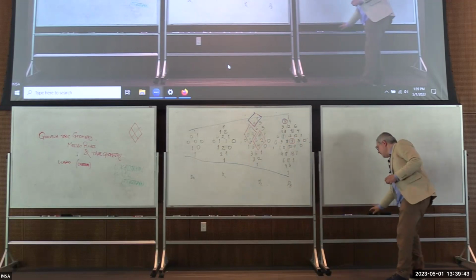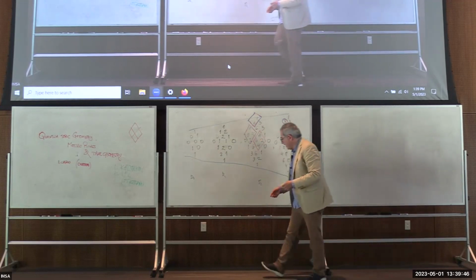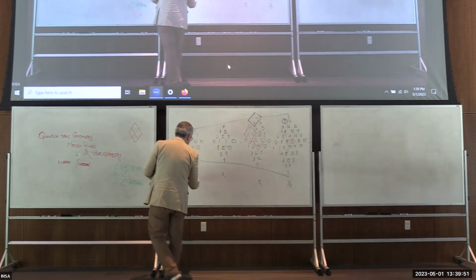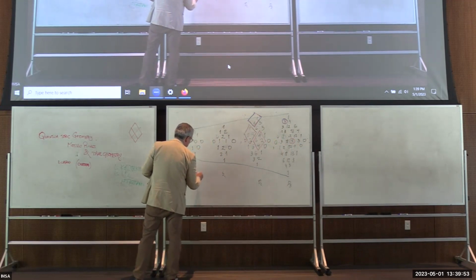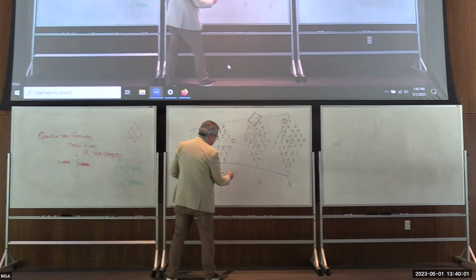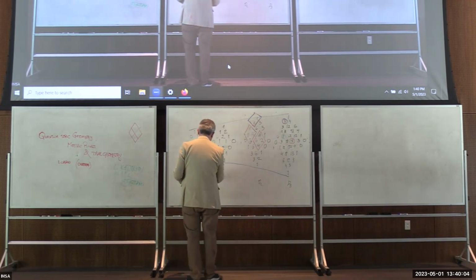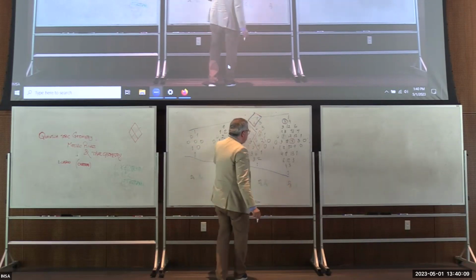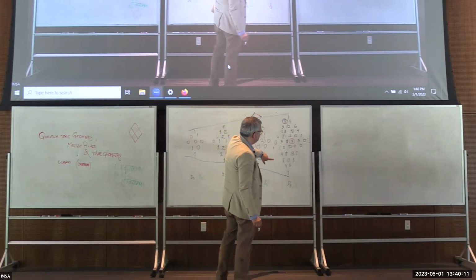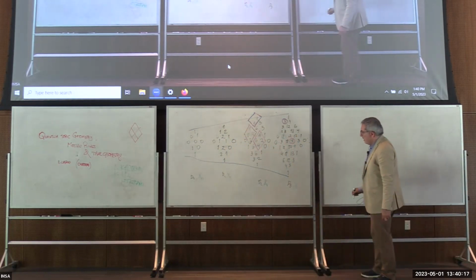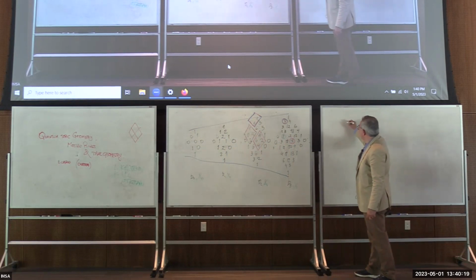And indeed, the way these numbers were obtained is this is the diamond associated to some complex manifold, but this cannot be Kähler. Then this is some complex manifold, and then this is some complex manifold.